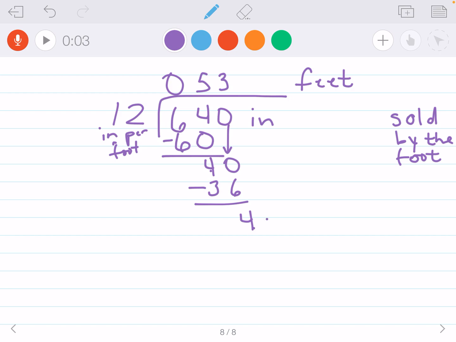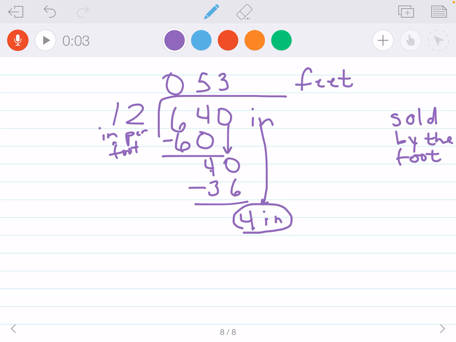So these 4 things, what are they? They are inches. These 4 inches, the problem says that I am buying. I've bought all these inches, okay? Could I buy these 4 inches separately?